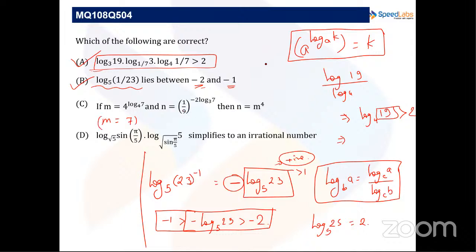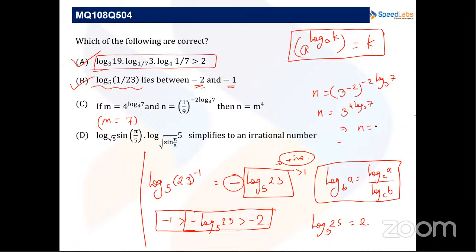And for n, we can rewrite n as 3 to the power -2 minus 2 to the power log 7 to the base 3. So n will be equals to 3 to the power 4 log 7 to the base 3. So n will be equals to 3 to the power log 7 to the base 3, whole to the power 4. This implies that n equals to 7 to the power 4. So n equals to m to the power 4. This is the correct option.